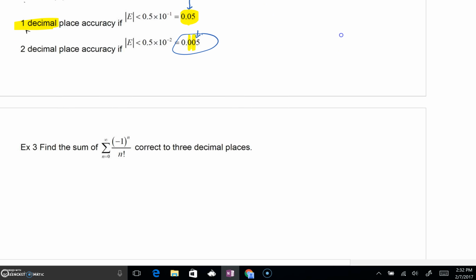So we've got one last problem. And first of all, just want to make a real quick comment about 3 decimal places. 3 decimal places, you could say 0.000. That's 3 decimal places. I want my error, like we were just talking about, to be less than 0.0005.